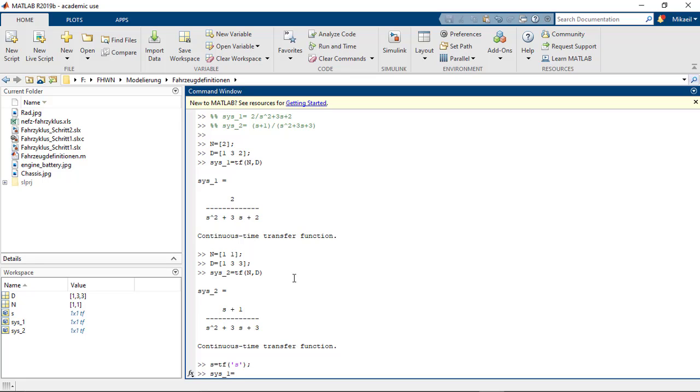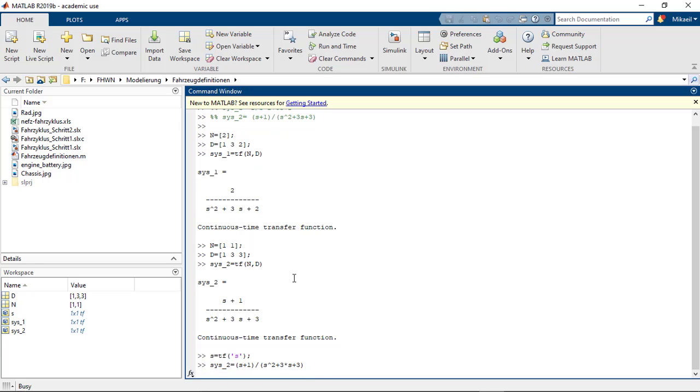For example, for system 2 we have s plus 1, division, s^2 plus 3s plus 3.